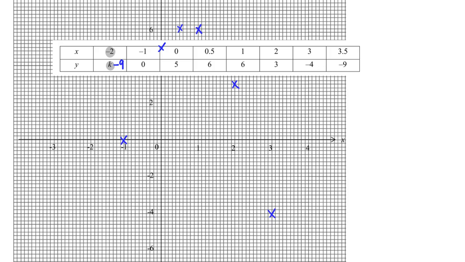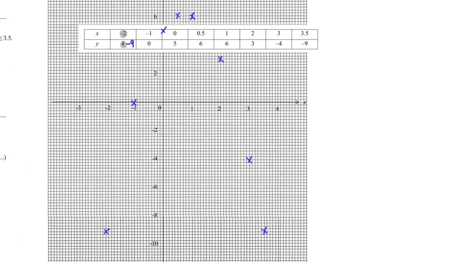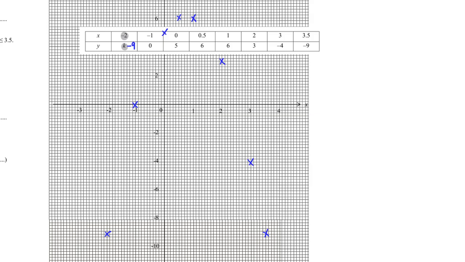When x is 3.5, y is -9. And the moment I have this, I can then start plotting the graph already.